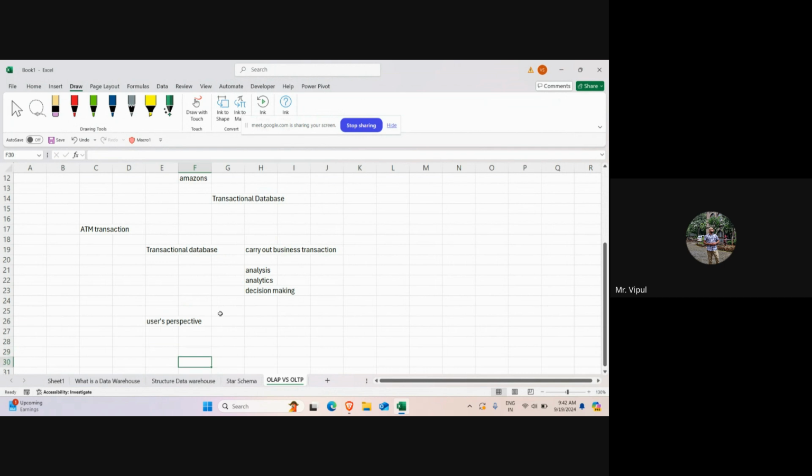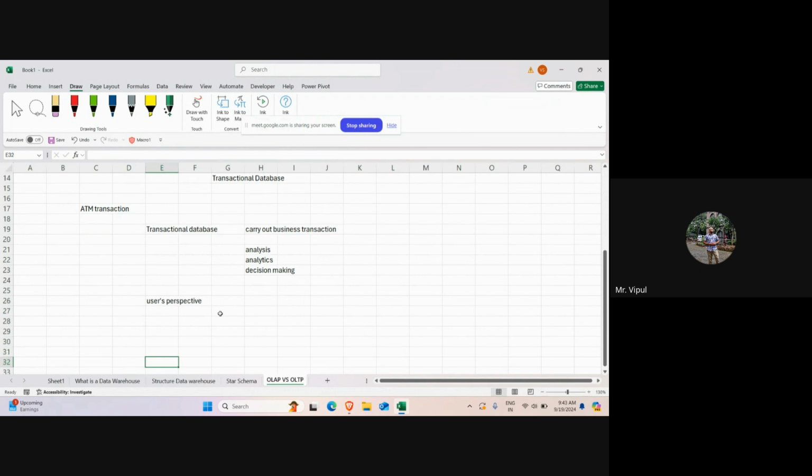On the other hand, the data warehouse database is used by decision makers, by managers, typically the CEO, CXO, or someone associated with decision making. Those kinds of systems are called DSS, the Decision Support System, as opposed to MIS, the Management Information System, or just Information System.